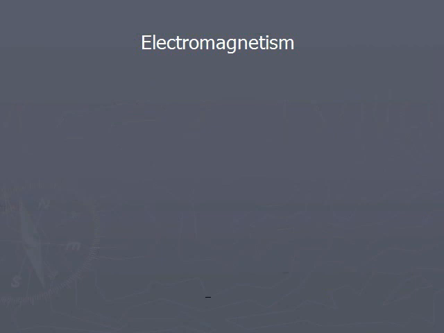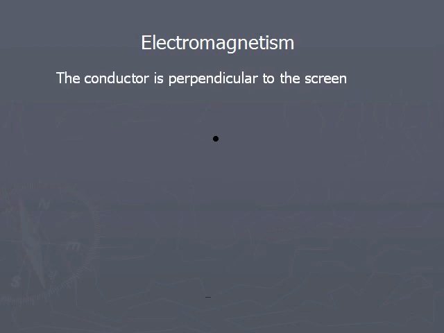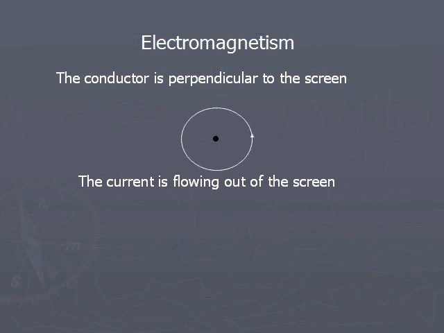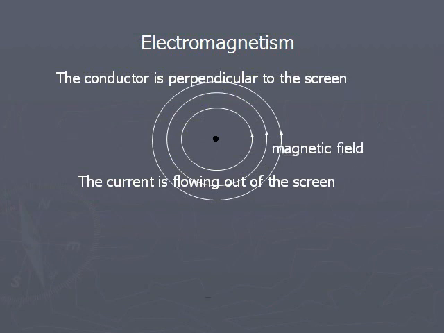Instead of a conductor in the plane of the screen, if you take a conductor perpendicular to the plane of the screen, then the magnetic field lines will lie in the plane of the screen. Here, a conductor is carrying current and it is placed perpendicular to the screen, and the current is flowing out of the screen.